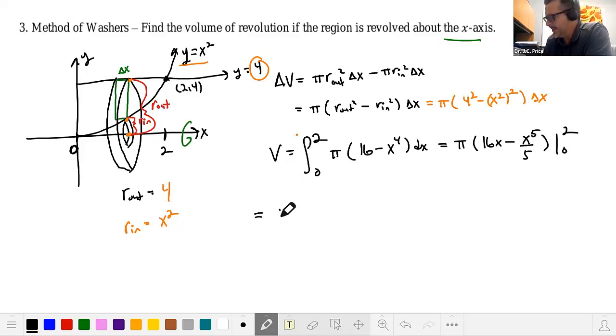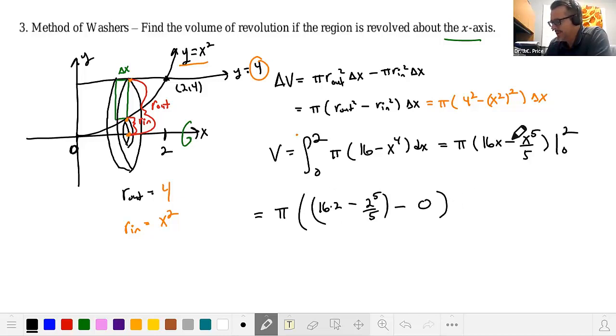And so that'll be equal to, we have pi here, and we're just going to plug in now 2. So we get 16 times 2 minus 2 to the 5th over 5, and then take off when you plug in 0. Now, when you plug in 0, hopefully you guys can see it's just 0. And so that's going to be equal to pi times 32 minus, and you got to do 2 times 2 times 2 times 2 times 2. So what is that? 32 over 5.